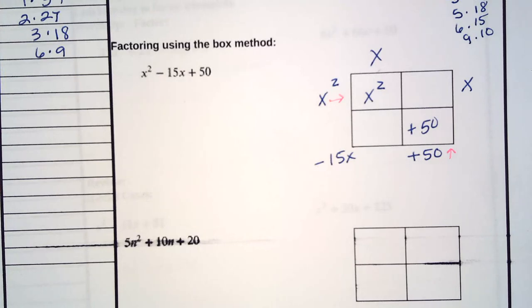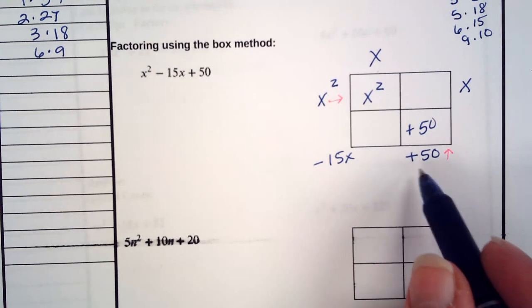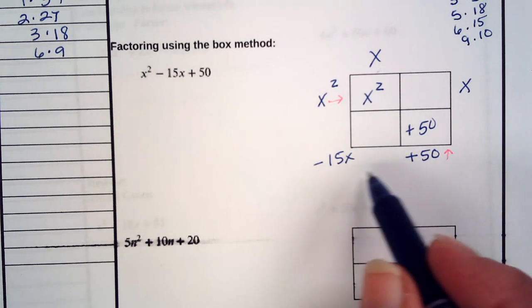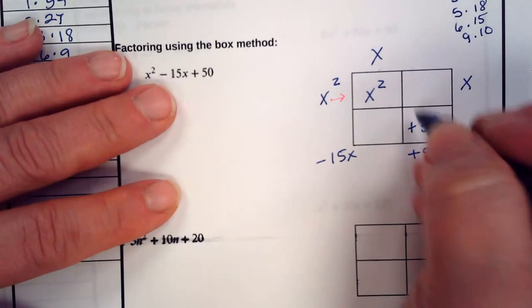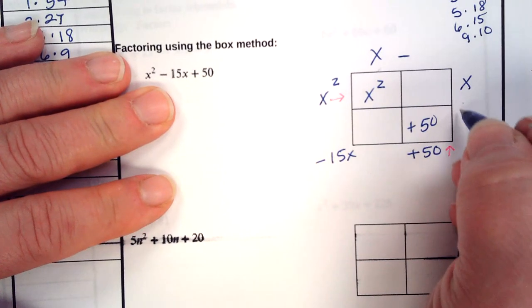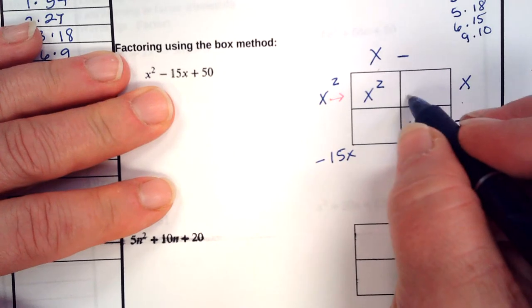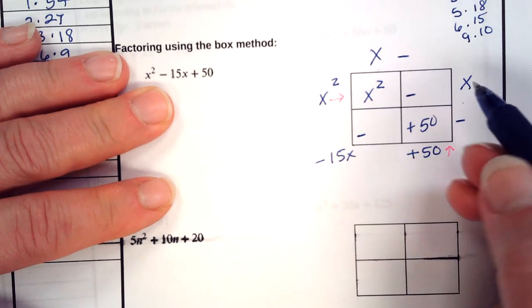As I'm looking, I'm still using the same thought process. I need this to be negative and this to be positive. The only way that's going to happen is if I'm multiplying two negative numbers here. So it's got to be negative something and negative something.